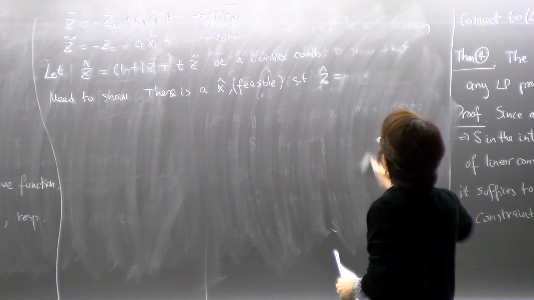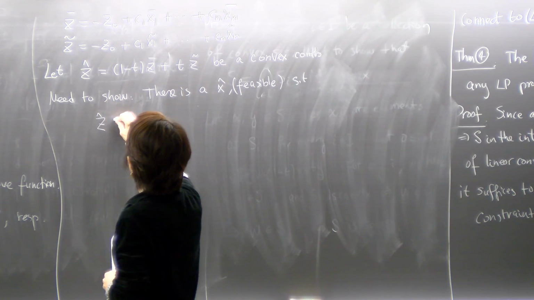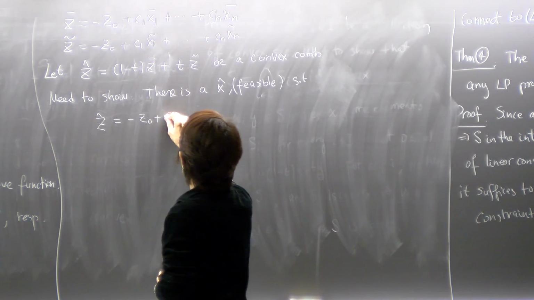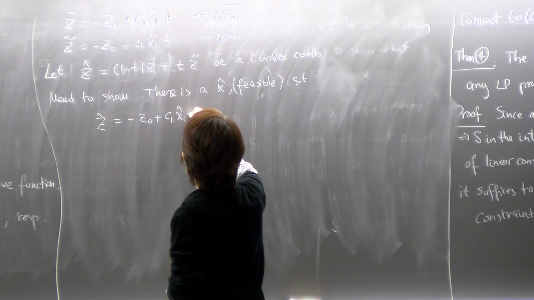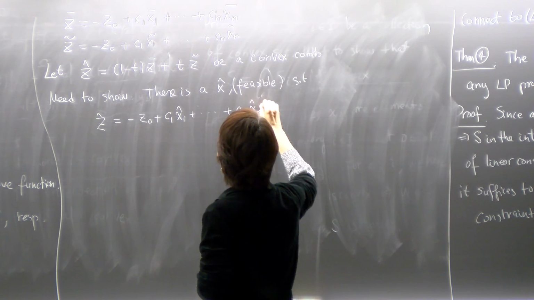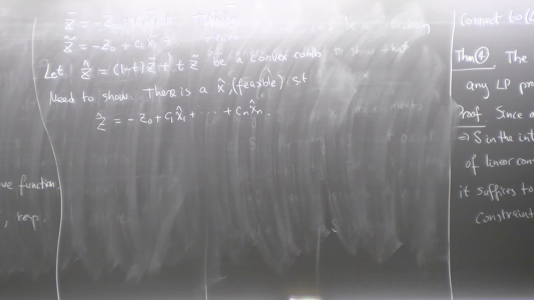Okay, let me write it out. So I need to show that z hat equals negative z0 plus c1 x1 hat, ..., cn xn hat. I need to show that there exists one.